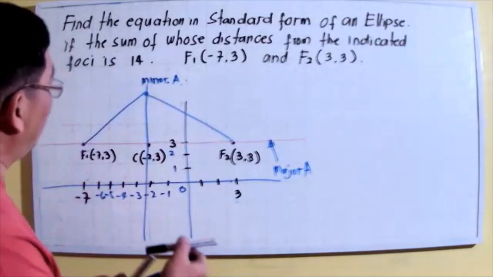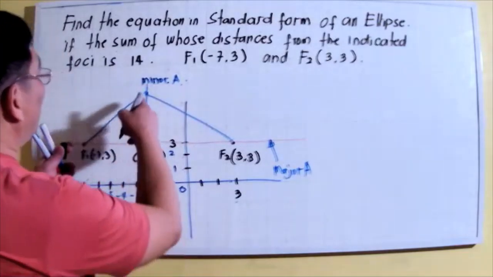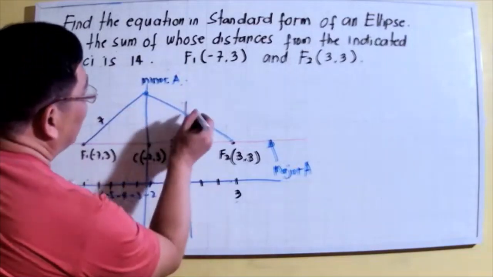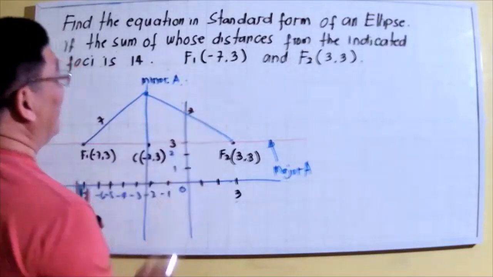So this distance will be 7, and this distance will be equal to 7.